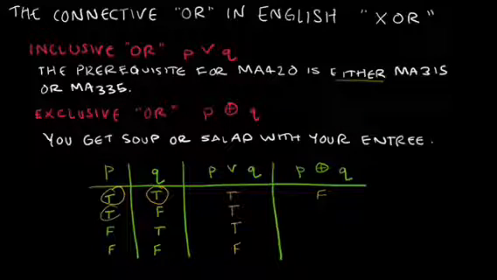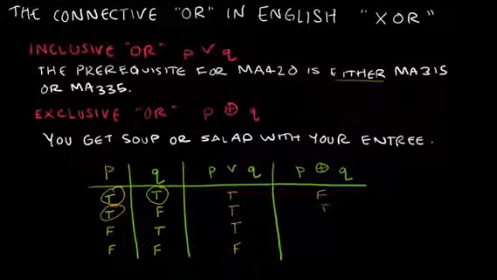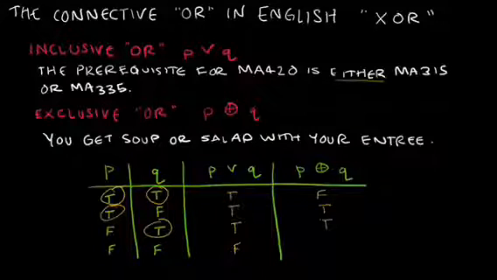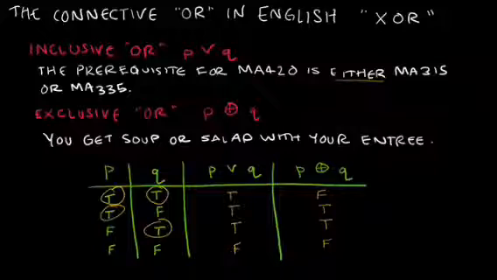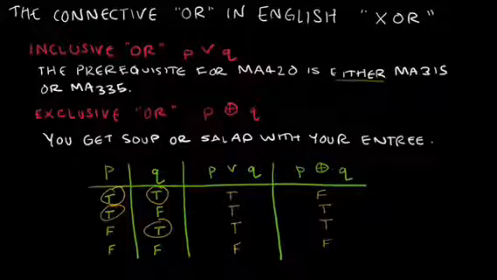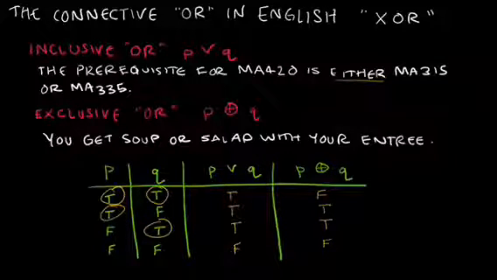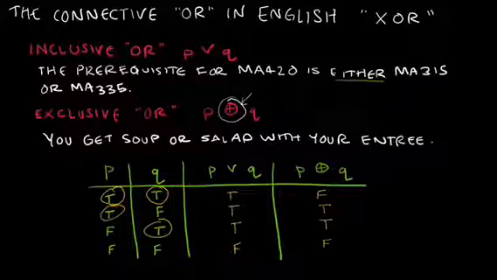I can have soup or I can have salad, and then of course false false is still going to be false. So hopefully you can understand the difference between those. Now notice the different notation I'm going to use now. This is the XOR notation, which is basically just a circle with a plus sign in it.